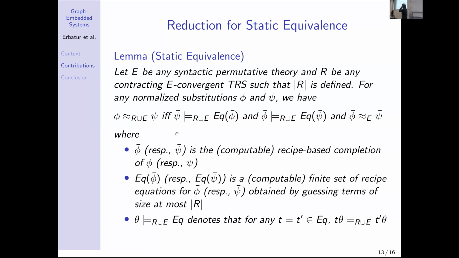And so this is why we have a conjunction of 3 conditions to check. The idea was just to give you a flavor of the kind of reduction we need for static equivalence. It is much more complicated than for the deduction problem.